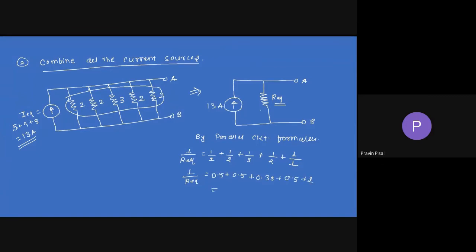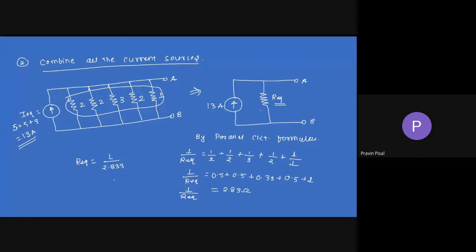So what will be the final answer? The final answer is approximately 1.5, 1.5, 2.5 and 2.83. Now the mistake is that students take this as the last answer. No, it is 1 by R equivalent. We need R equivalent. So R equivalent is calculated as 1 upon 2.833.